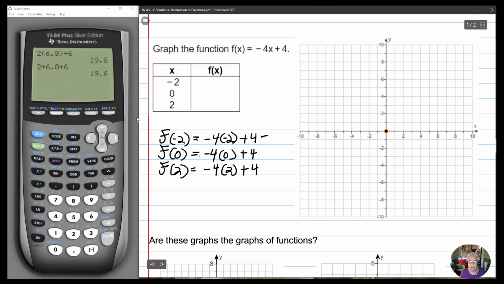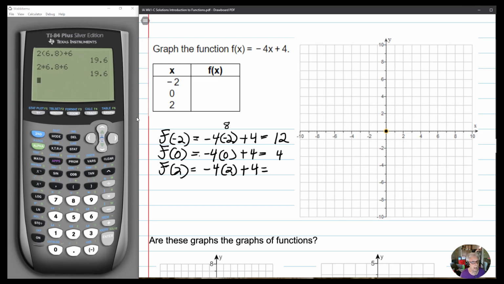Now, when I calculate the answer, we actually have something very interesting. All right, negative 4 times negative 2 is positive 8, plus 4 is positive 12. Negative 4 times 0 is 0, plus 4 is 4.